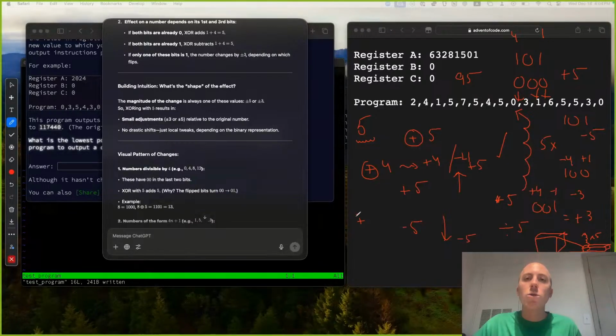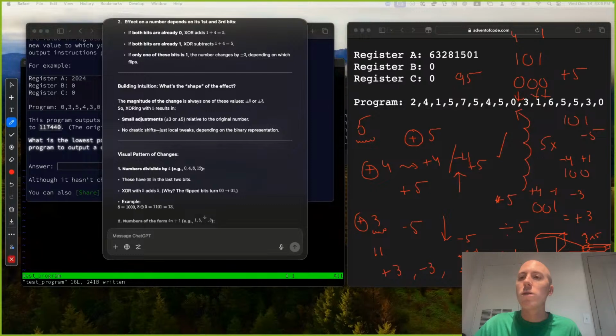But if we're XORing with 3, for instance, there are different outcomes. We could gain a 3, we could lose a 3, we could gain a 2 and lose a 1, or we could lose a 2 and gain a 1, so -1.